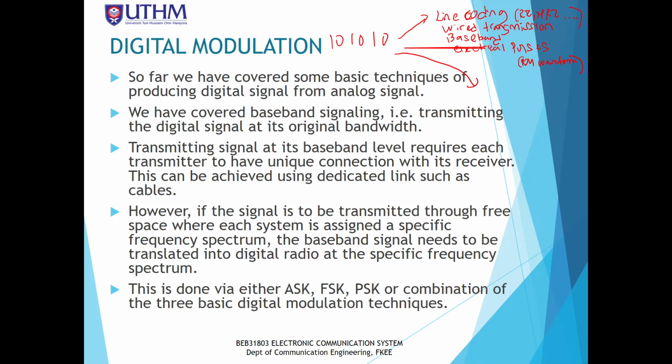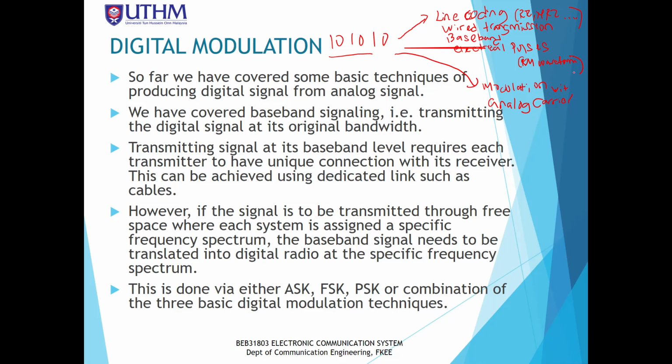Okay, so kalau kita nak hantar secara wireless, that means we need to convert the PCM code word into an electromagnetic wave. In that case, we need to do modulation, okay, with analog carrier.